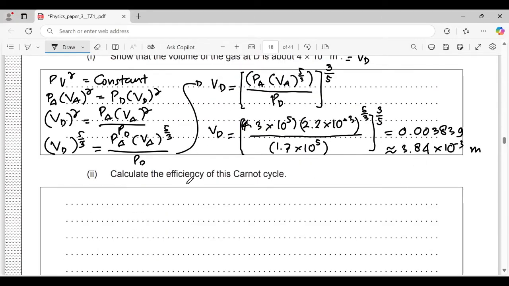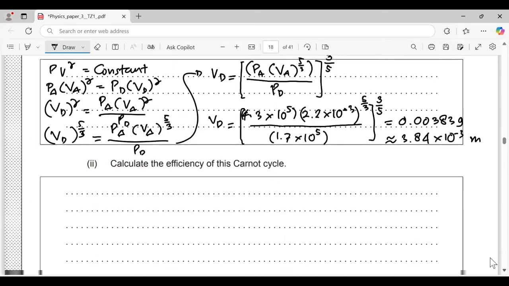So this is the solution. Calculate the efficiency of this Carnot cycle.